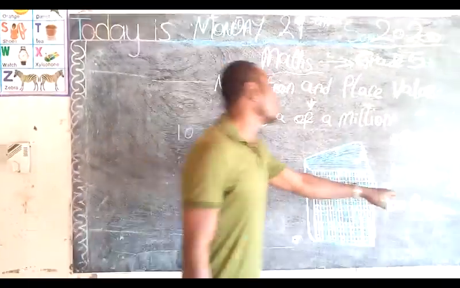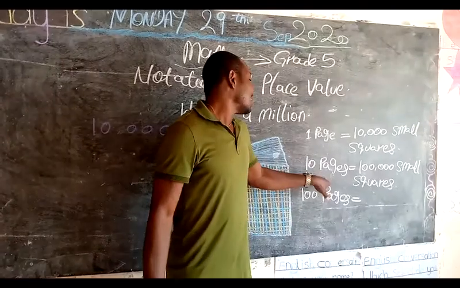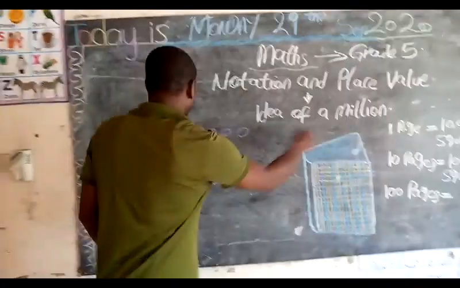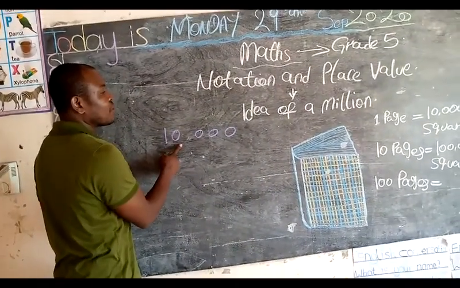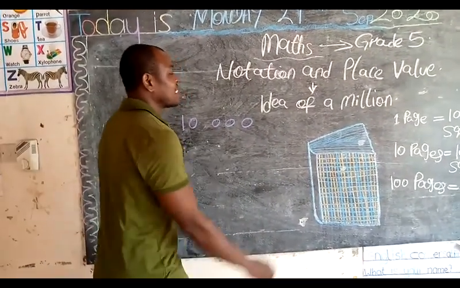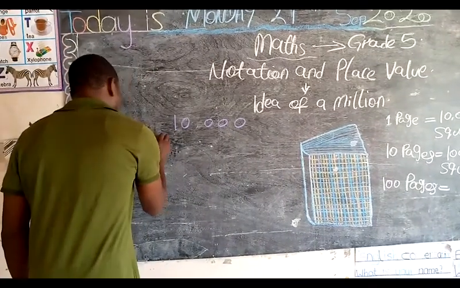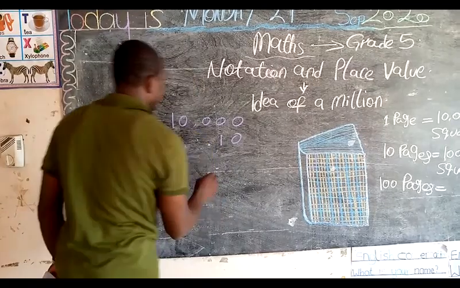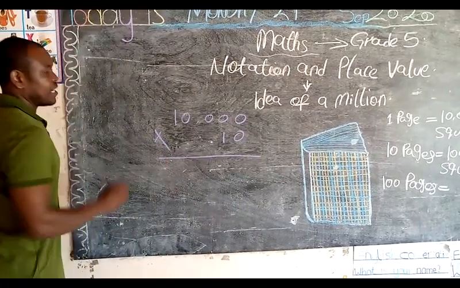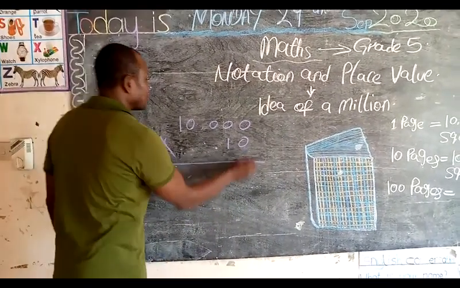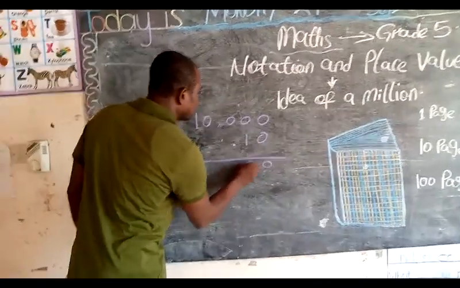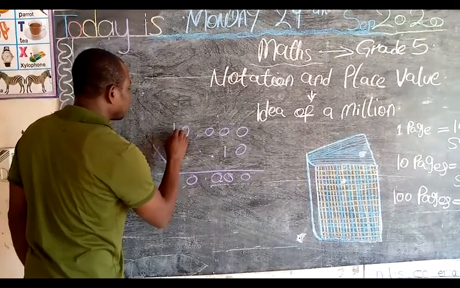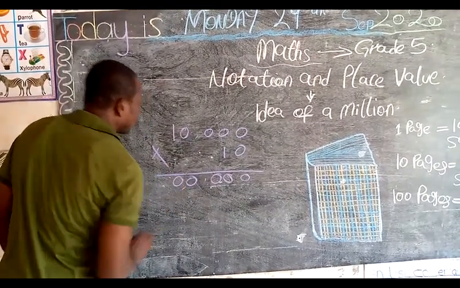Now we're looking at how we got 100,000. We said 10 pages has 100,000 small squares. Now, one page, which is 10,000 small squares, times 10 pages, times 10. Now let's calculate. 0 times 0 is 0, 0 times 0 is 0, 0 times 0 is 0, 0 times 0 is 0, 0 times 1 is 0.